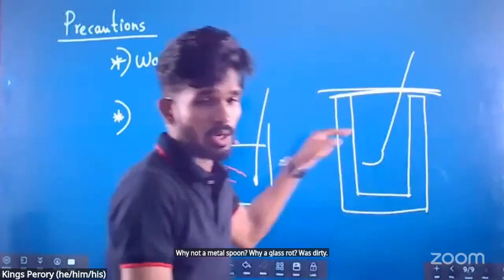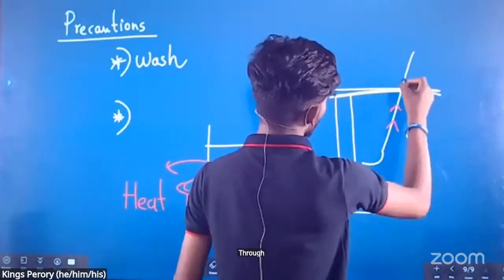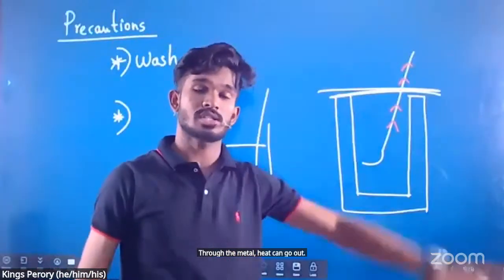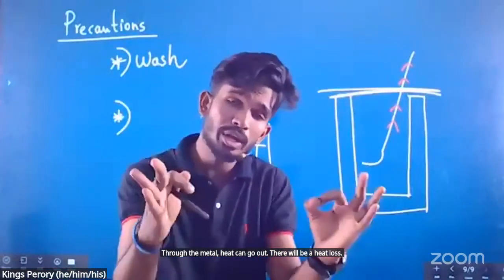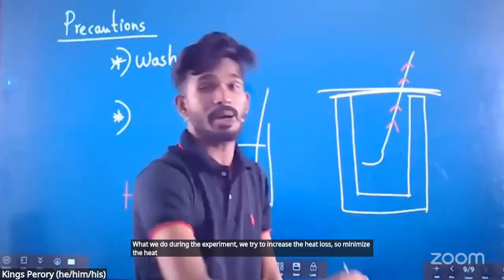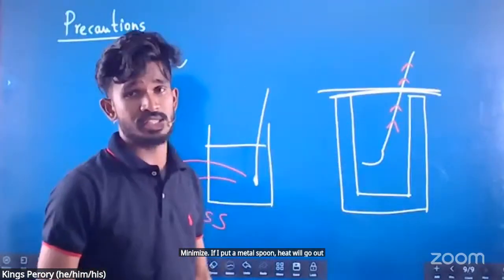Because if I put a metal spoon, heat can go out through the metal. There will be a heat loss. What we do during the experiment is try to minimize the heat loss. If I put a metal spoon, heat will go out. We have to minimize it. We have to stop it.